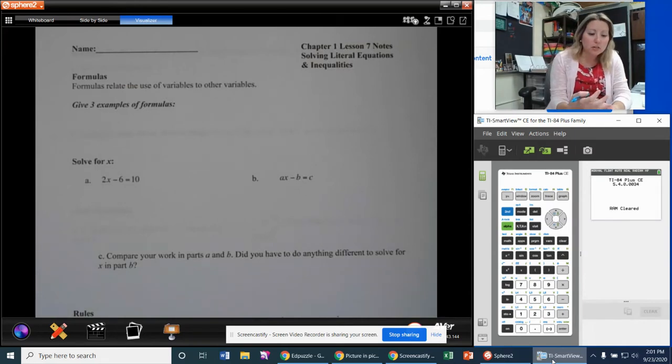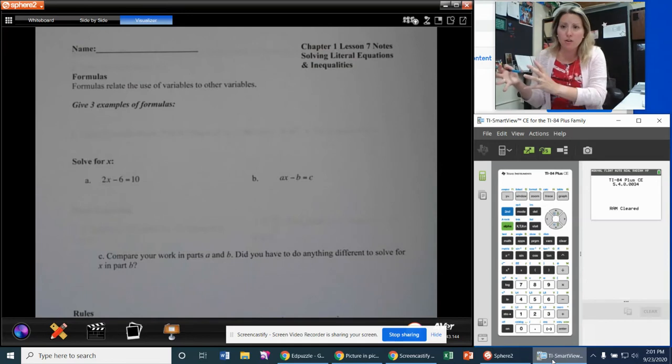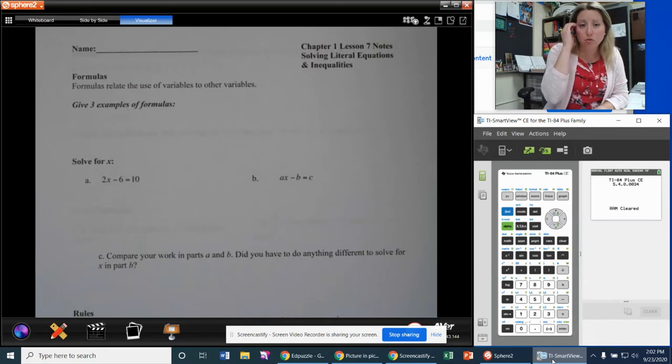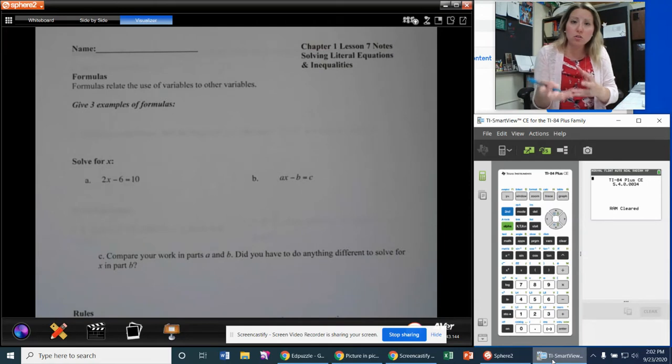And formulas have a whole bunch of variables throughout them because they're just giving you the relationship of several different pieces that all plug into this thing together and have this specific relationship. And so when you know that about a formula, when you know these are the variables, this is their relationship, and you know what a few of those variables are equal to, you can figure out what this missing variable is equal to. And that's what solving literal equations and inequalities is all about.